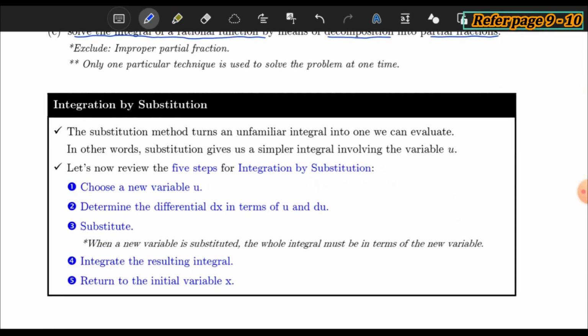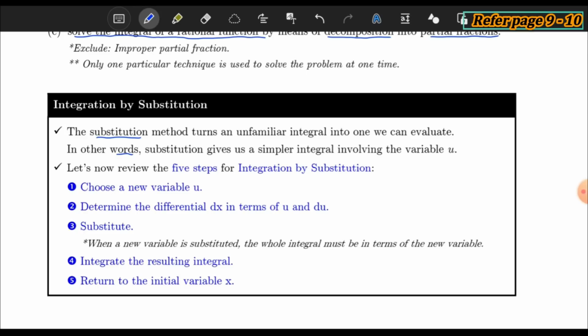The first part is integration by substitution. The substitution method turns an unfamiliar integral into one we can evaluate. In other words, substitution gives us a simpler integral involving the variable u.